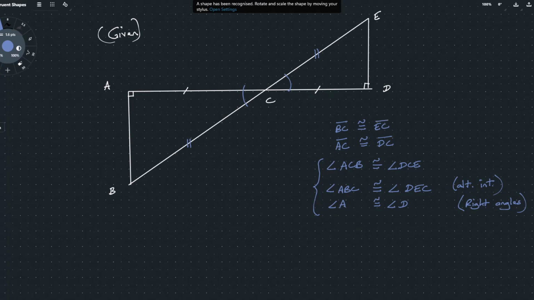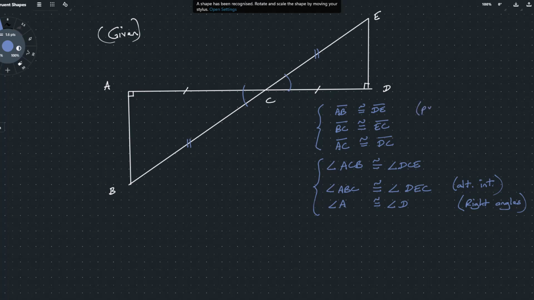And Pythagorean theorem says this squared plus this squared equals that squared. If we've got that these are equal and these are equal, that means that AB is going to have to be congruent to DE. These are all three sides. All the angles, all the sides.